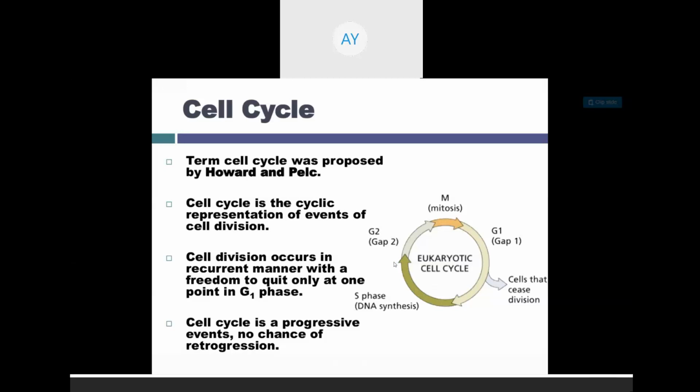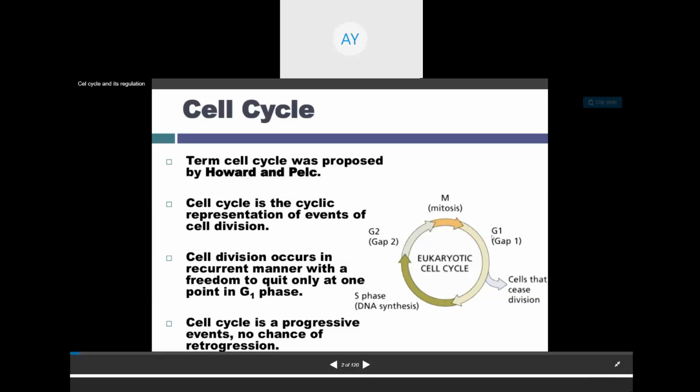So this cyclic representation, that is the cell cycle, the G1 phase, S phase, and G2 phase, that is interphase. You can say it is interphase. So most of the time the cell prepares DNA through DNA replication in S phase, and protein and RNA in G1 phase and G2.